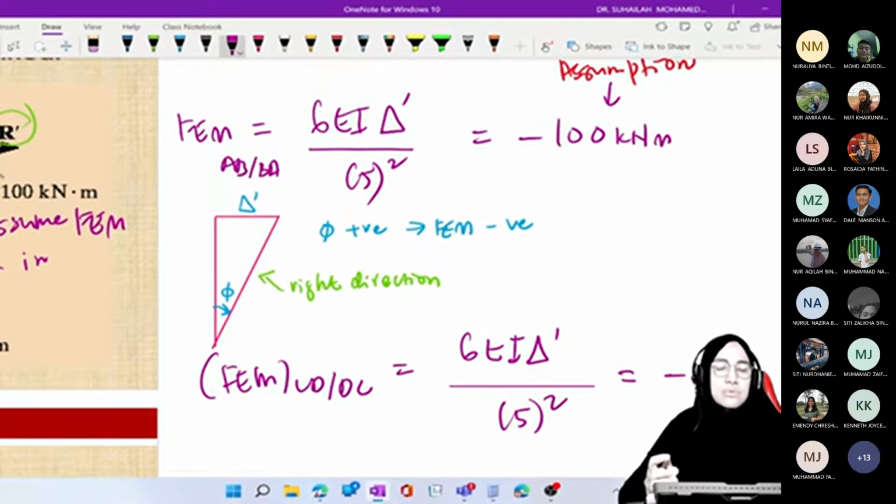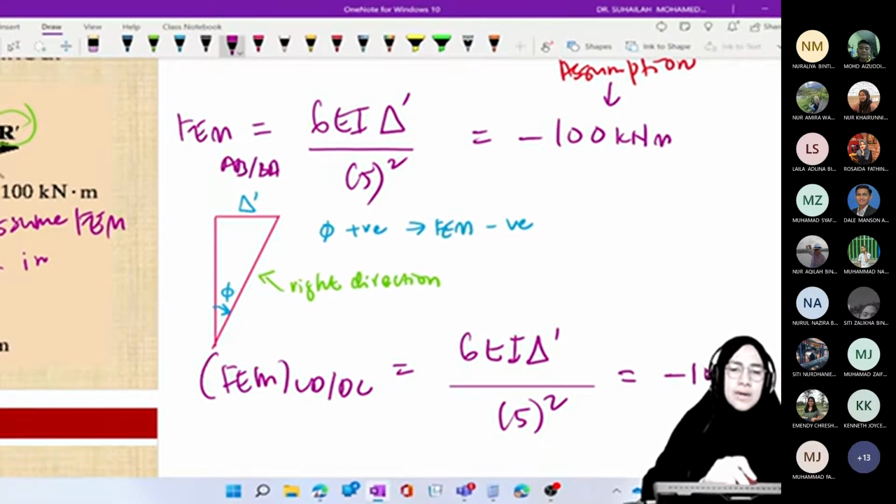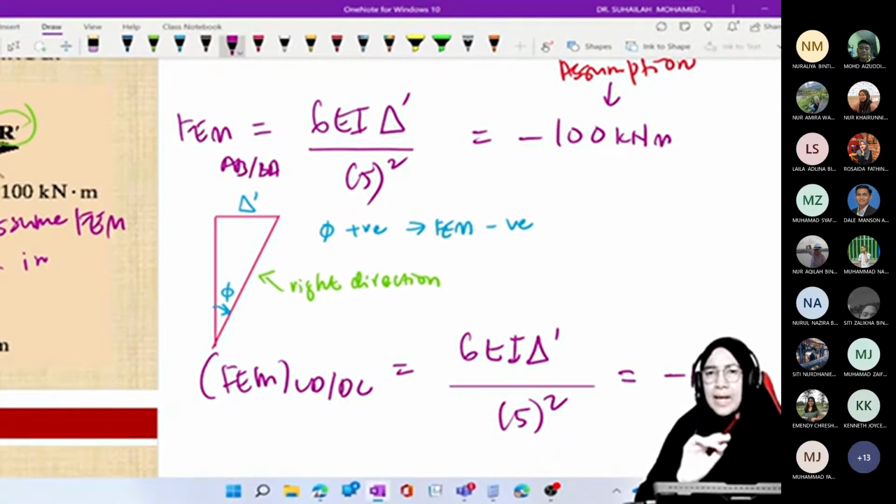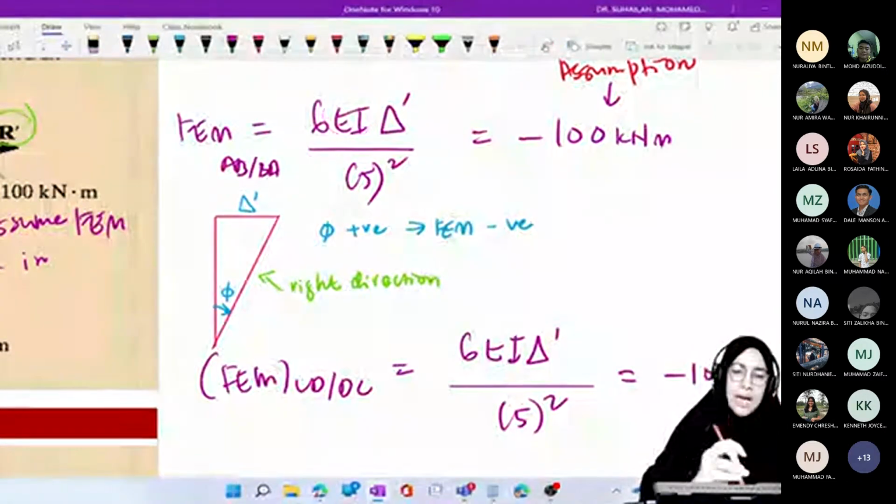Nampak tak dia ratio? Between these two, dia actually ratio. Dia ada tiga benda yang akan influence dia. Number one yang ni, EI.